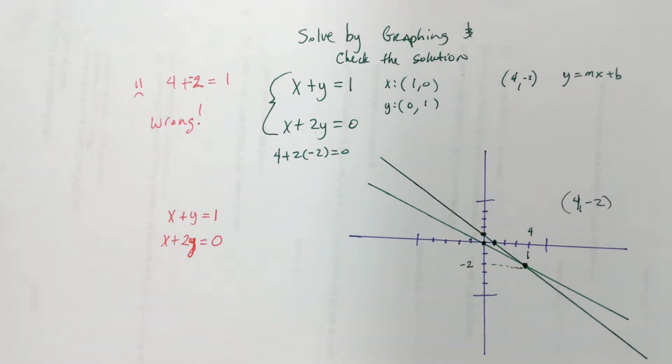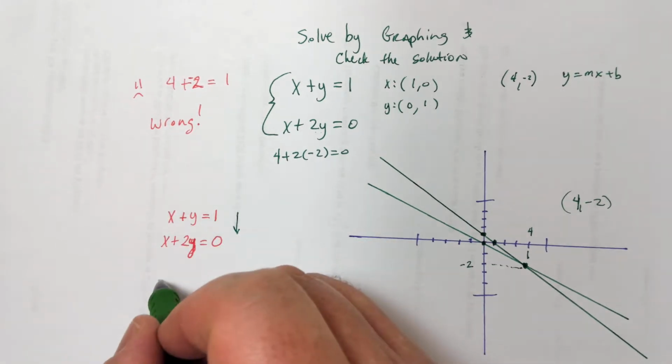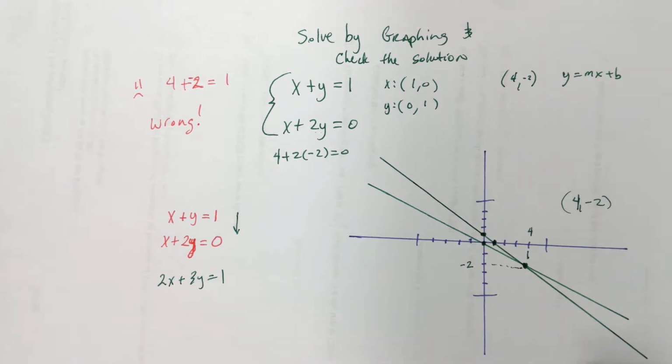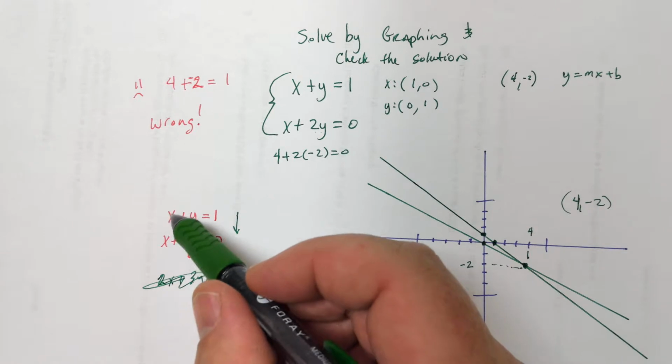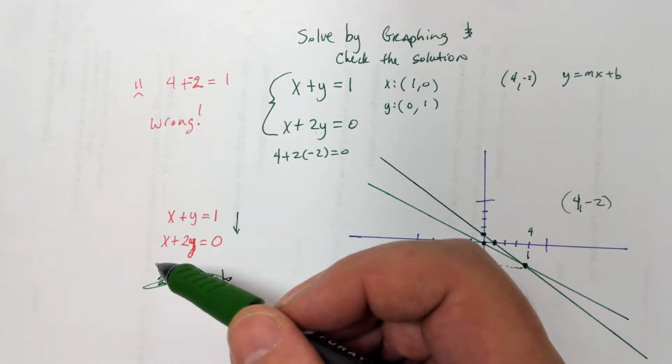Elimination? So elimination is where you subtract them to get rid of a letter, right? Well, here's the problem with that, and this happens a lot. If you add them together right now, you're going to get 2x plus 3y equals 1, and you didn't get rid of a letter, right? No big deal though, because these are both just 1x. So all we got to do is change the sign of one or the other.